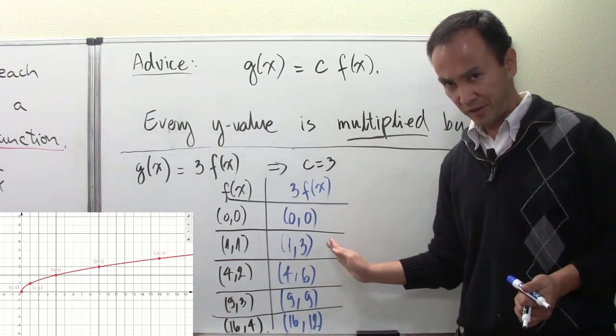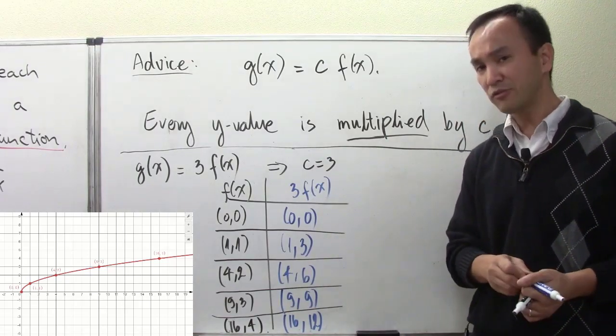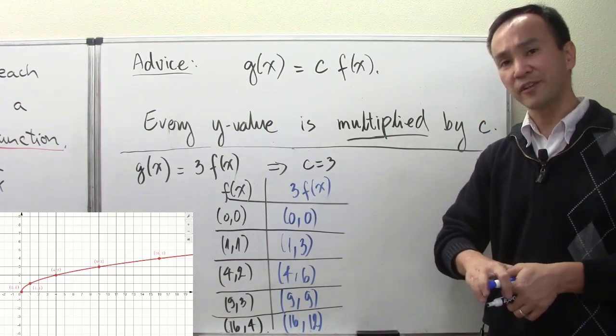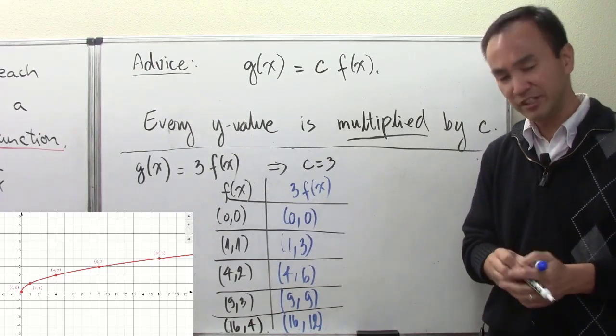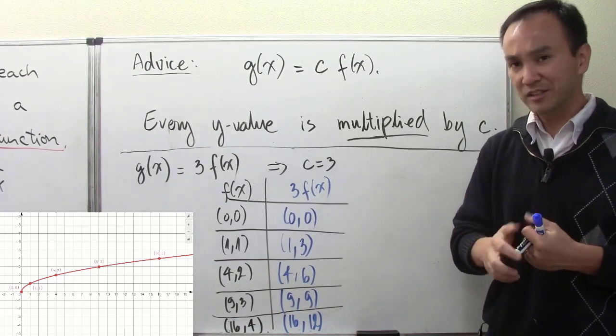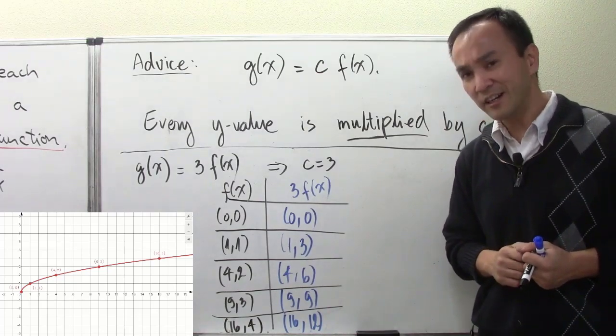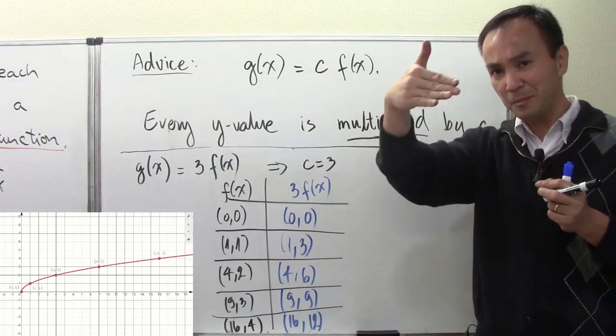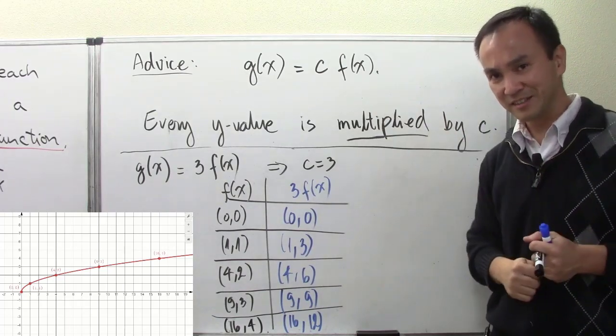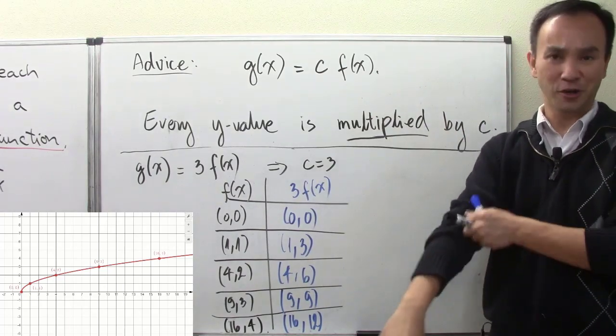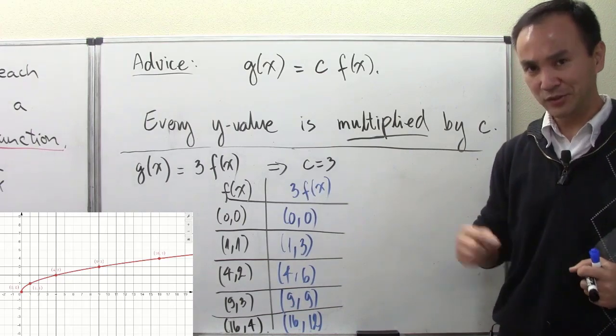So when I'm putting these on the graph, I'll use blue. If you have colored pencils when you attempt these, use them, otherwise you'll have a slightly harder time recognizing the difference between the original parent function and the transformed version. Let's see this through the graph.